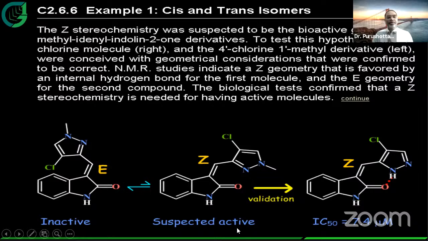But how will you, as a medicinal chemist, know that this is the correct configuration, the active geometry that is giving you the results, and not the geometry shown on the left-hand side as an inactive molecule? So to prove this, what are the ways? One thing is that you can do the docking studies, and then you can come to some conclusion.